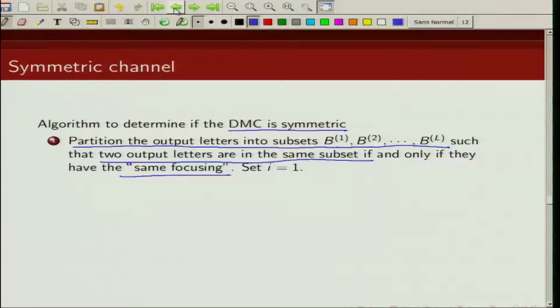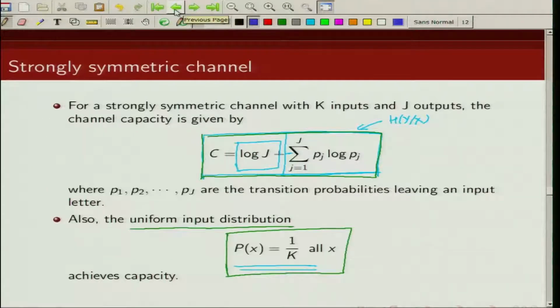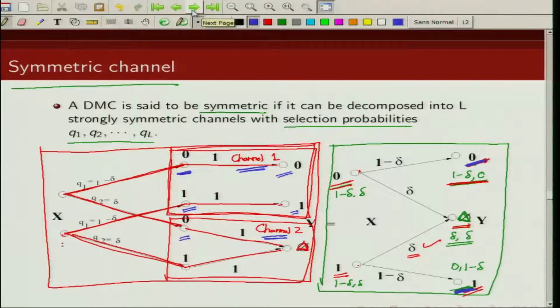For example, if you go back and see this example, we are reaching here with probability 1 minus delta, 1 minus delta, so the dispersion is common. Whether we are from 0 to 1, we are selecting this channel with probability 1 minus delta, whereas this particular channel we are selecting with probability delta.